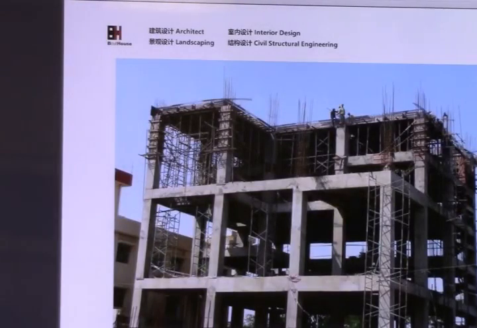Talk about the building type and building characteristics. That one, I think everyone is familiar with. This is a reinforced concrete frame.